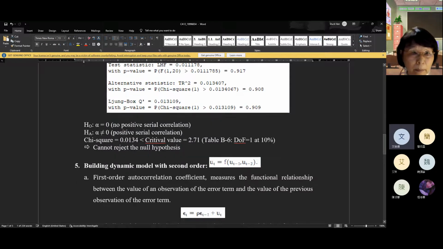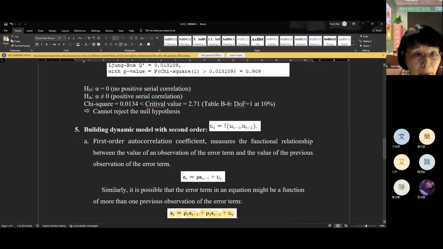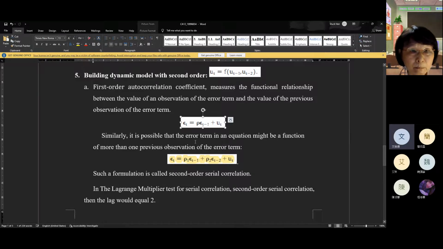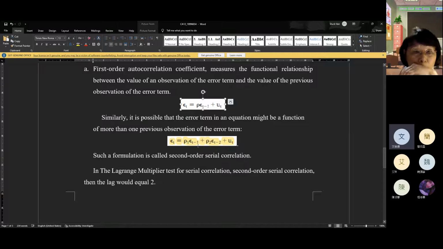So we cannot reject the null hypothesis. And number 5 is building the dynamic model. We have the first order autocorrelation coefficient like this, and the second order will be added with one more lag variable.